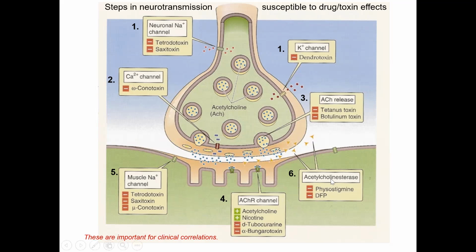Another group is this one, group 6, acetylcholine esterase. If you give inhibitors of that enzyme, for instance, physostigmine, then this enzyme cannot degrade or metabolize acetylcholine, cannot break down acetylcholine. And now this acetylcholine, which is released here, accumulates in the synaptic cleft because it is not broken down.